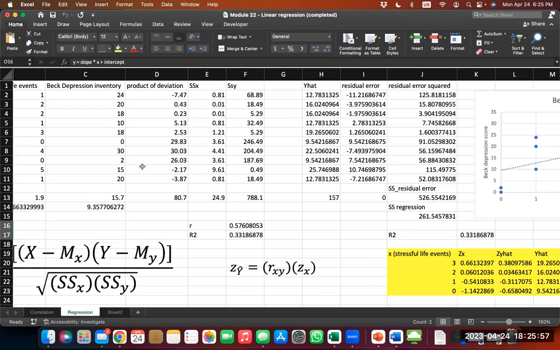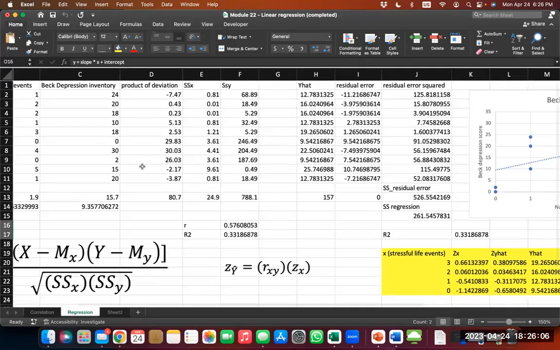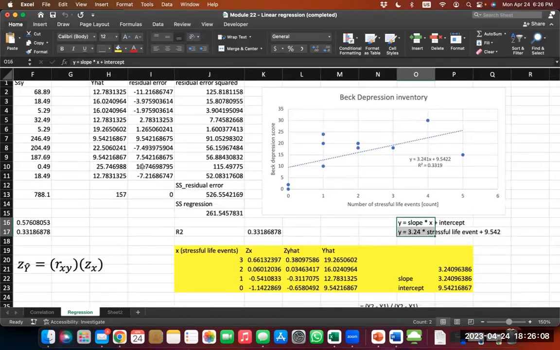So remember, the example was Beck Depression Inventory score was predicted by the number of stressful life events. That's this graph here that we have just seen. So basically, the idea is the more stressful life events you have, the more likely you're depressed. We have a proportional reduction of error of 0.33. That means 33% of our error has been removed or reduced by fitting a regression equation through that.